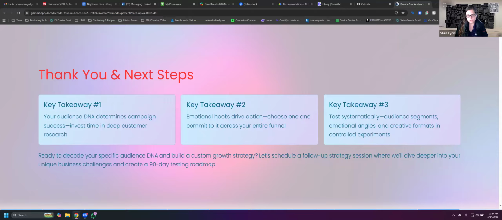And then think about those emotional hooks that drive action. Choose one and commit to it across your entire funnel. Emotion is really what drives decision, even the things that seem like they should really be logical, well thought out decisions.